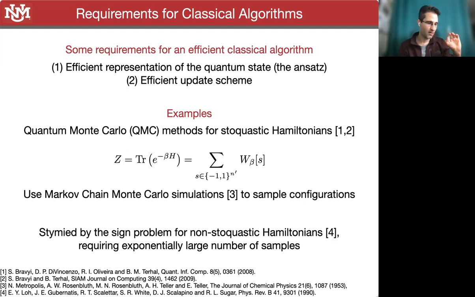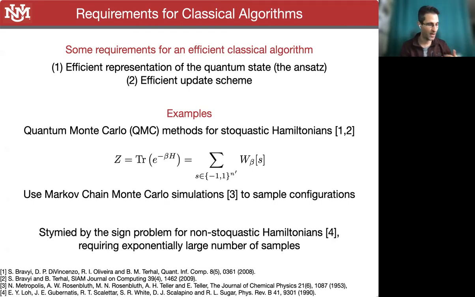Now, quantum Monte Carlo is a workhorse method. It's used across disciplines. One thing I want to caution is that just because you have a stochastic Hamiltonian where you have a nice efficient representation, and you have an efficient update scheme in terms of your Markov chain Monte Carlo simulation, it doesn't mean that you've solved your problem efficiently, right?